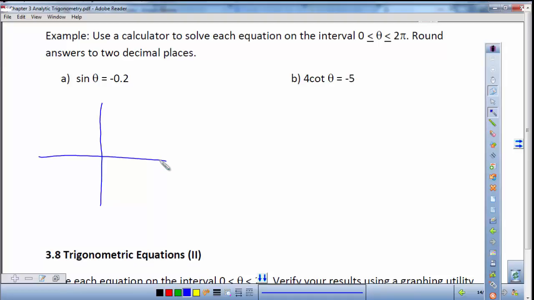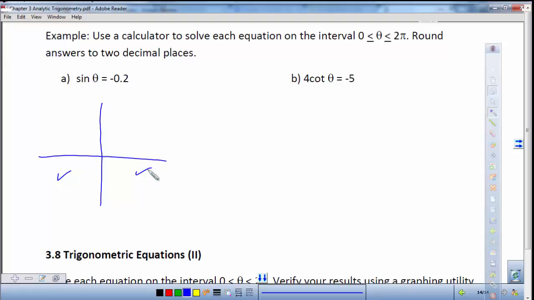Now, again, just going back over what we just talked about, I know I should have solutions for this in which quadrants? Which ones? 3 and 4. Okay, because sine is negative in quadrants 3 and 4.